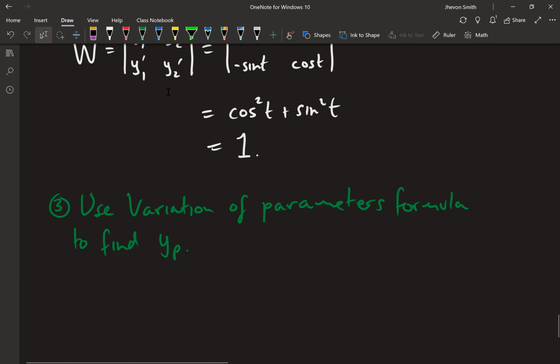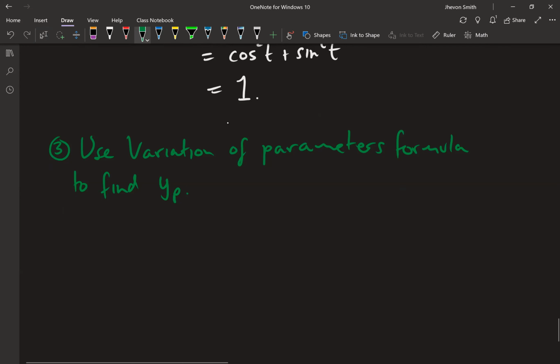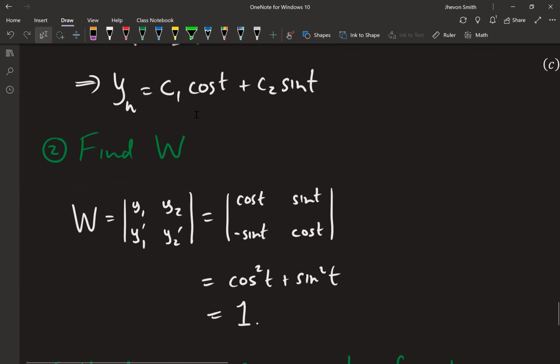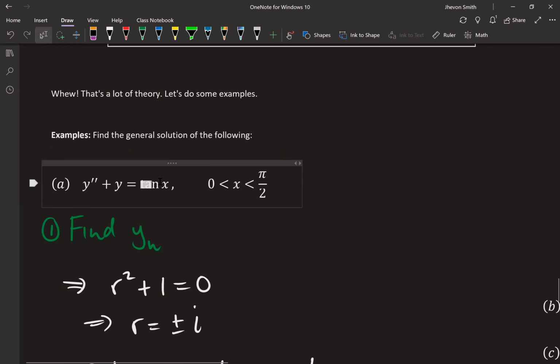Now, this formula says that my YP is going to be given by minus y1 times the integral of y2 times g over w plus y2 times the integral of y1 times g over w. And in this case, my g is actually the tangent function. My g is tan x here.